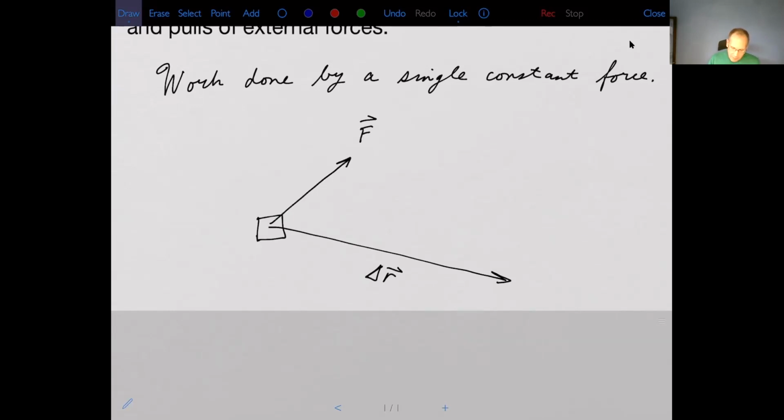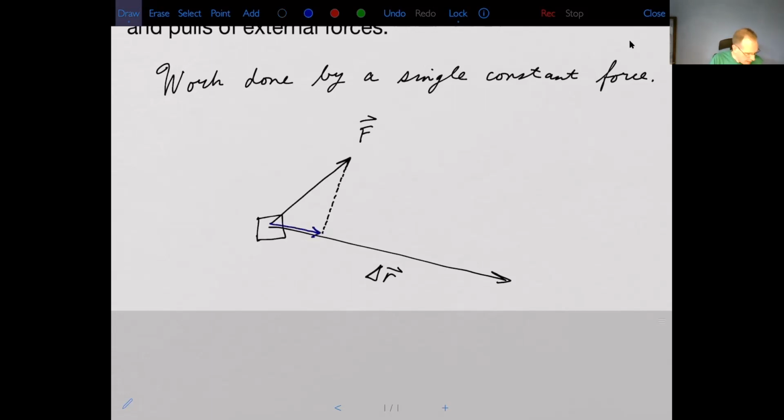It turns out that the work done only depends on the component of the force that's parallel to the displacement. So if I project this vector onto the displacement vector, then only this piece is going to be important.